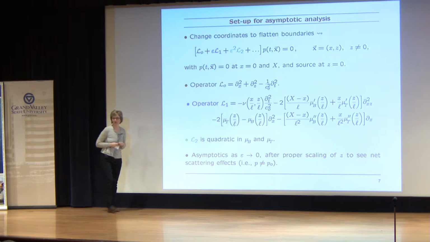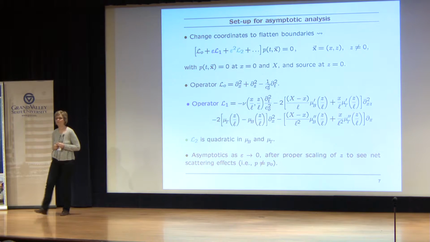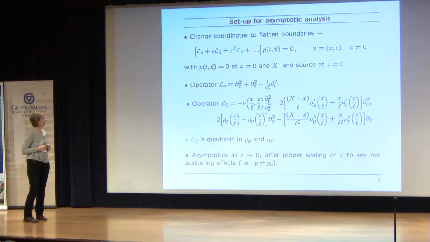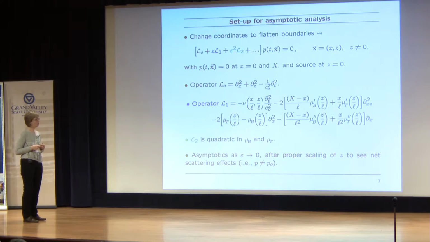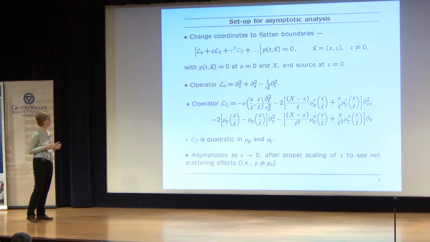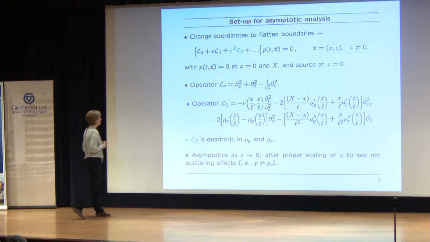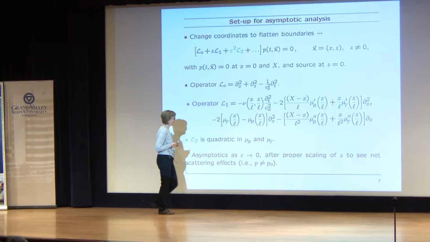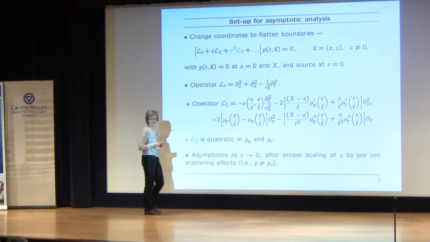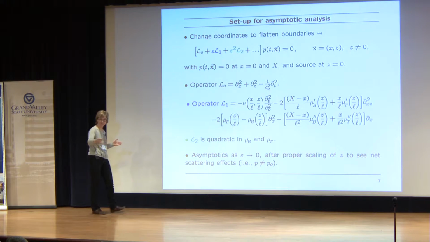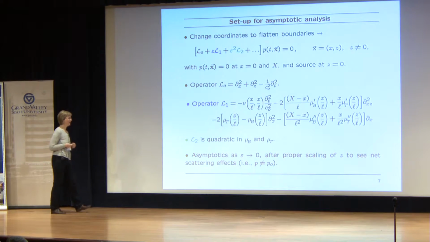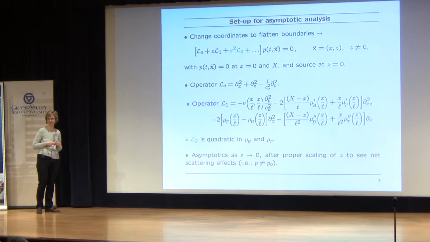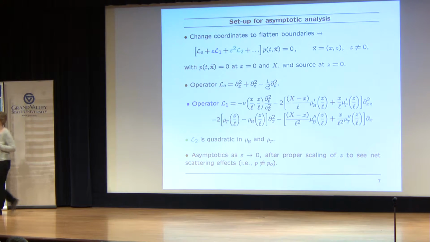So we have a perturbation problem for the wave, and we will use asymptotics to study the solution of this perturbed problem. In order to see something, we will have to scale properly the range Z. That is, we have to look deep enough in the complex medium in order to see a scattering effect. This is the setup.